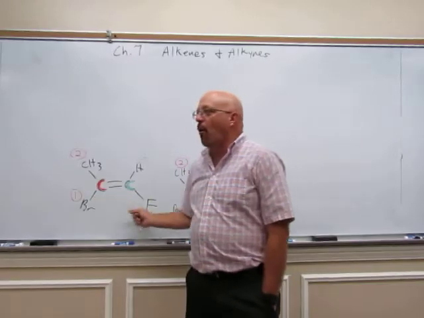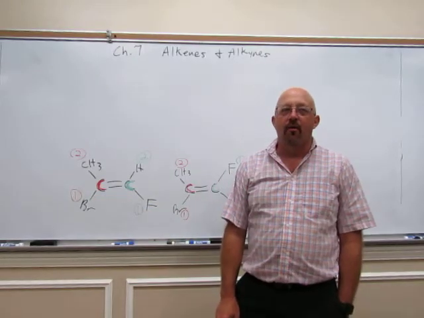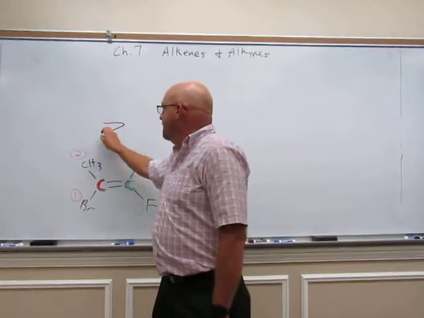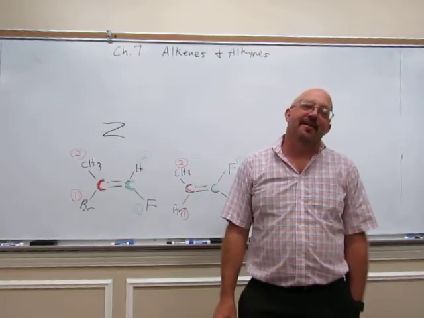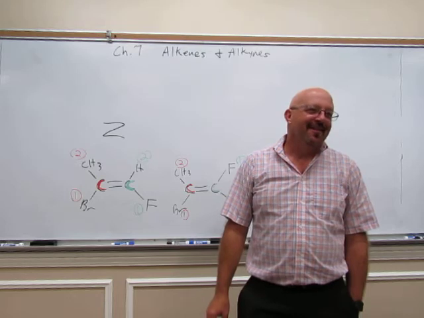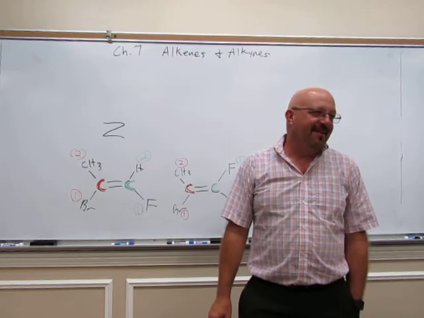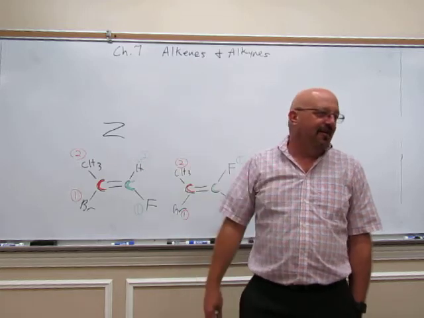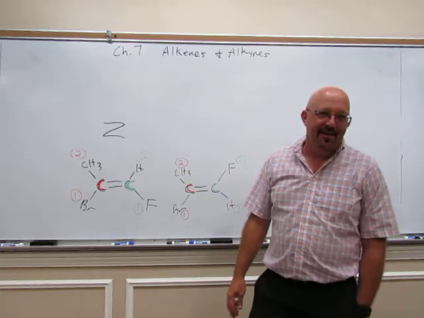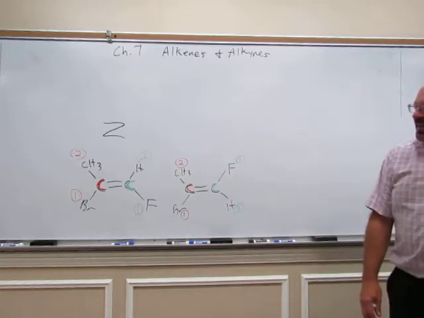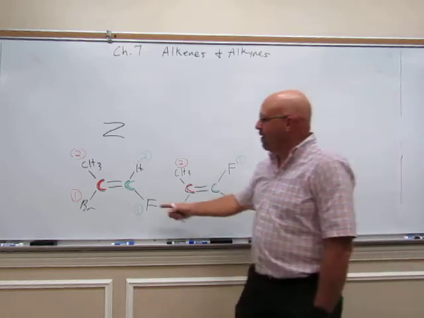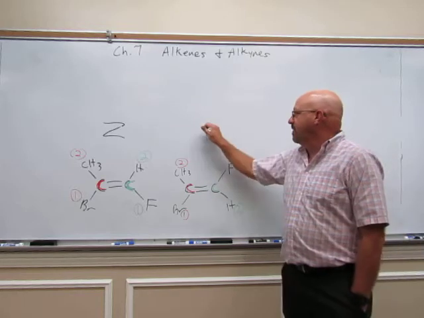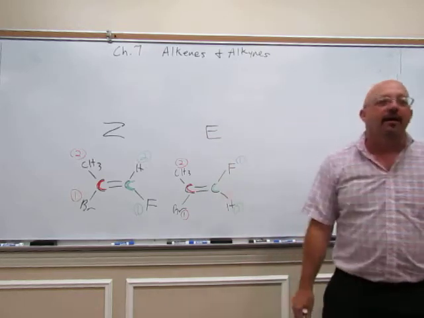If your top priorities are on the same side. Told you it's stupid, but you'll never forget it. 10 years from now, you'll still remember same side. It's that stupid. If the two top priorities are on the same side, it's Z. If they're on opposite sides, then we know we get the other one, the E.